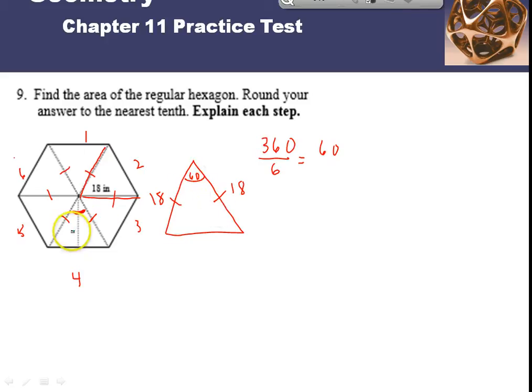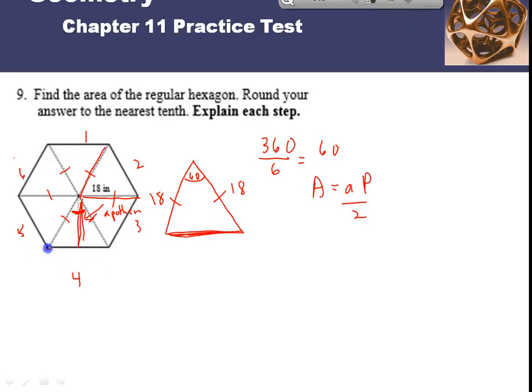Okay, but I need this right here. Now this line right here, that's the apothem. And remember, the formula for the area of a regular polygon is apothem times the perimeter divided by 2. So I need that, and I also need the perimeter. To find the perimeter, I need to know how long this side is, right?